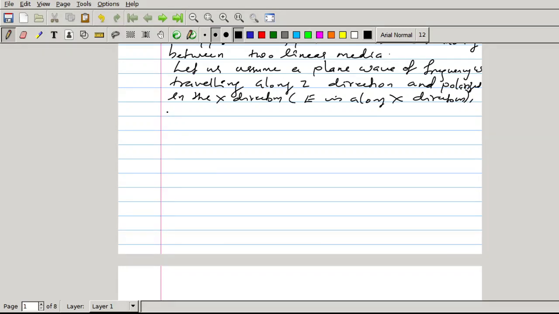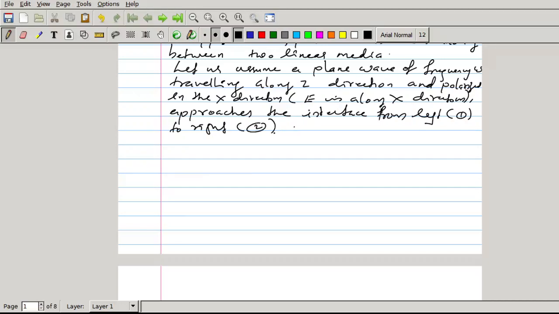It approaches the interface from left to right, from left medium 1 to right medium 2. So it is passing from left to right.